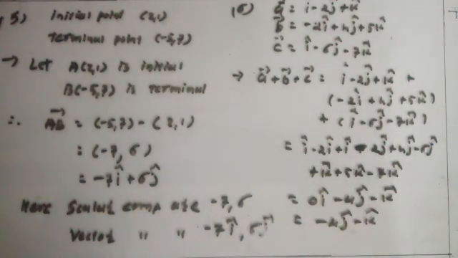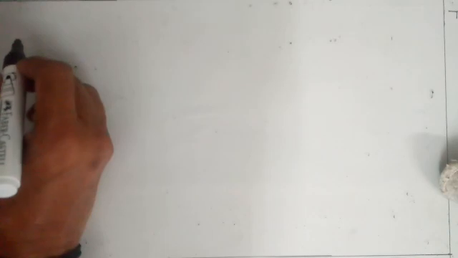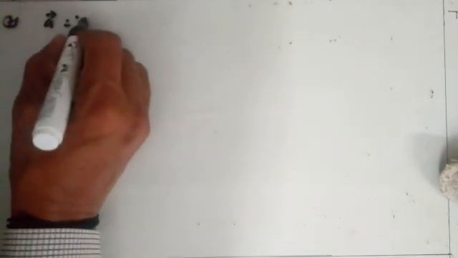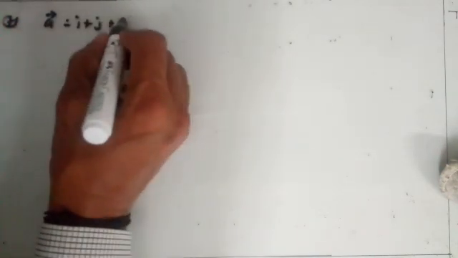Question number 7. Find the unit vector in the direction of i plus j plus 2k.